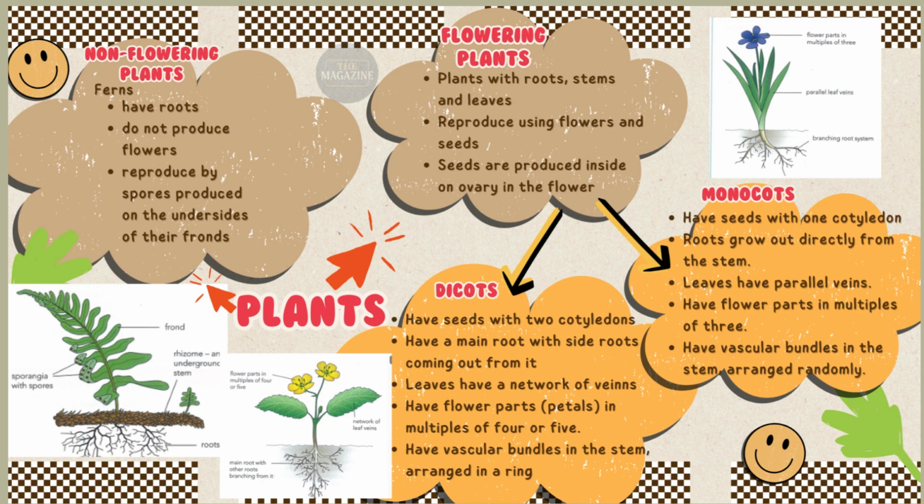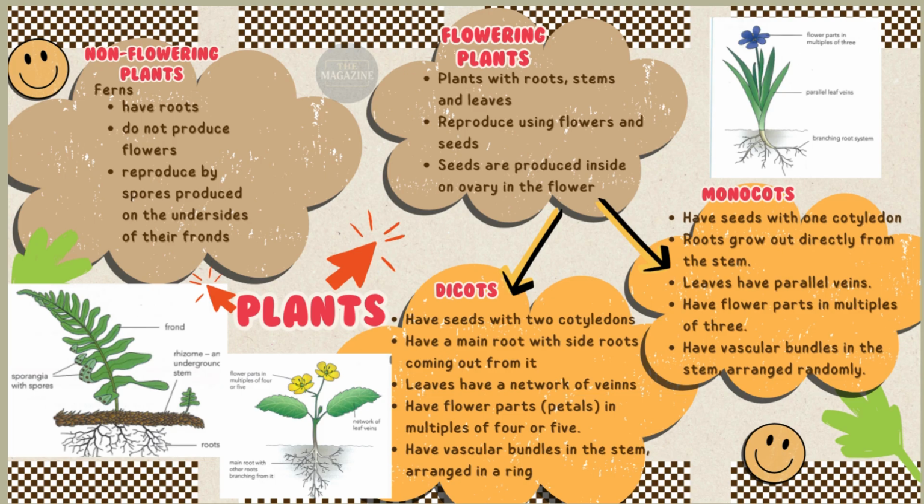The main characteristics of ferns are that they have roots but they don't produce flowers. They reproduce by spores produced on the underside of their leaves. So these are the main features of ferns, or the main features of non-flowering plants.